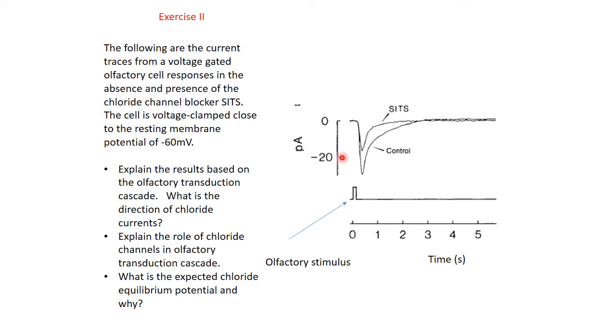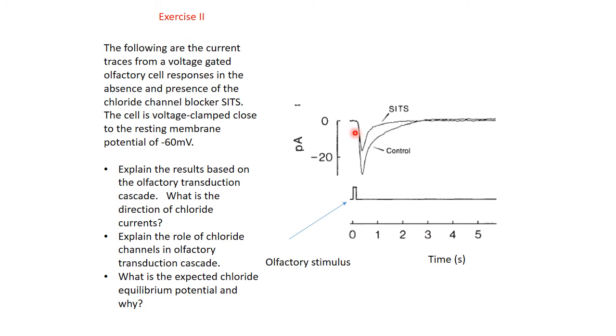Another interesting electrophysiological experiment is using chloride channel blockers. In this case, an olfactory receptor neuron has been voltage clamped, odorant has been applied for a very brief period of time, and here is the response elicited by this odorant.